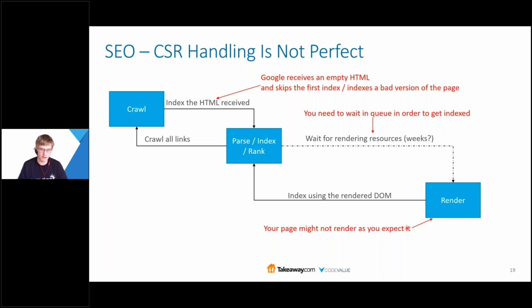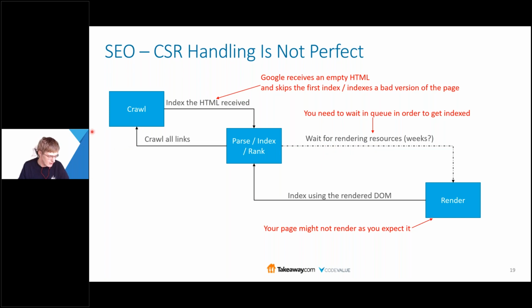Nowadays, they render your web page on the newest Chrome, which is a huge improvement. So actually, the long path becomes much more viable. It becomes much more legitimate to choose client-side rendering, because you can actually rely on this render many times. But again, the question is if you want to wait in this queue. That's, I think, the most important question that you need to ask yourself.